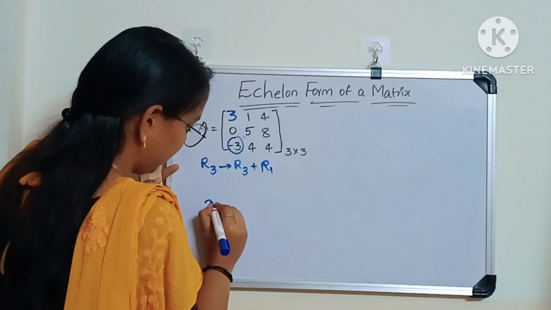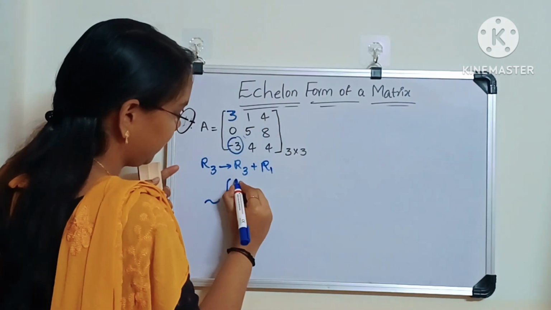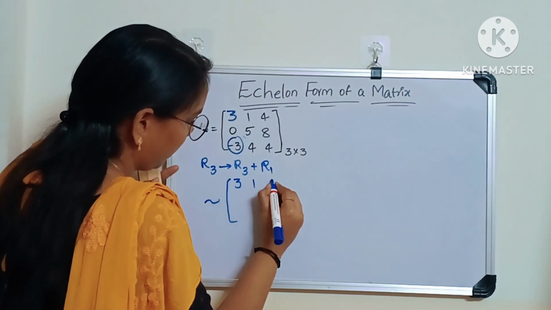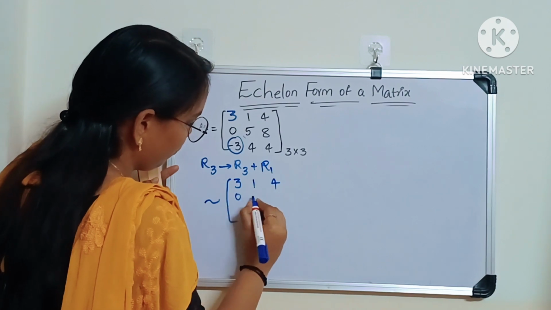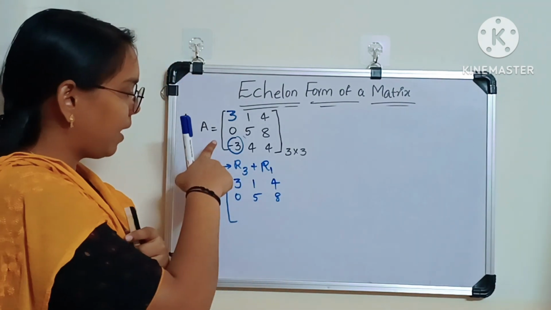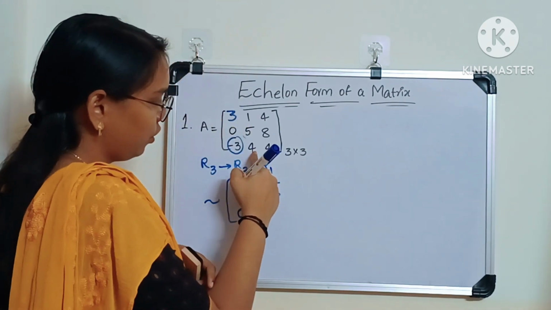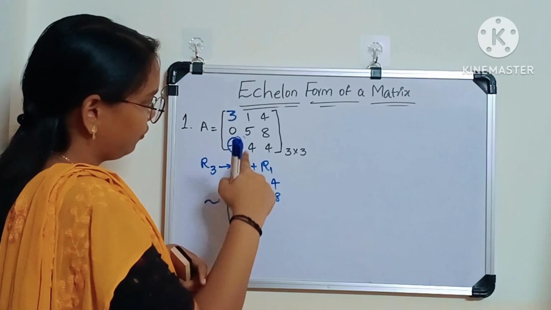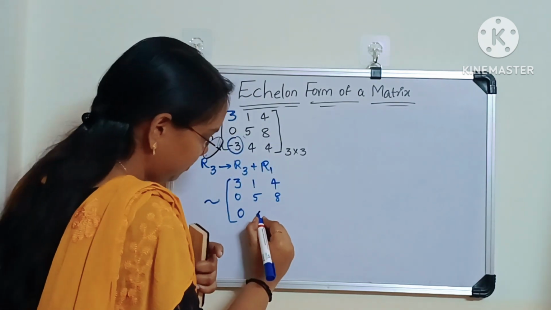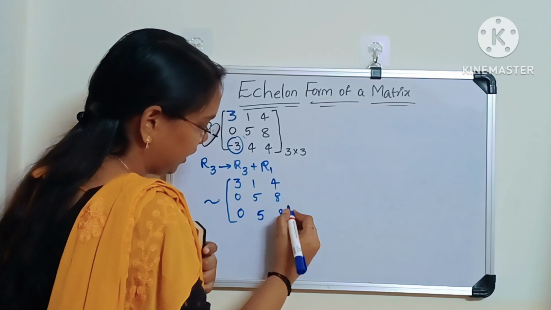So we get the matrix as follows. There is no change in row 1 and row 2, so I am writing them as they are: 3 1 4, 0 5 8. Here R3 plus R1: minus 3 plus 3 gives 0, and 4 plus 1 gives 5, and 4 plus 4 we get 8.